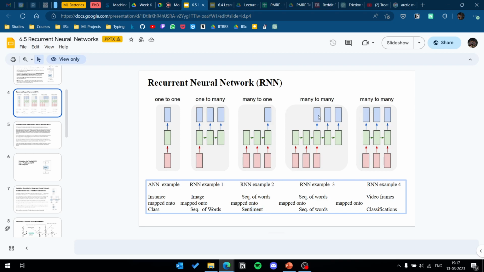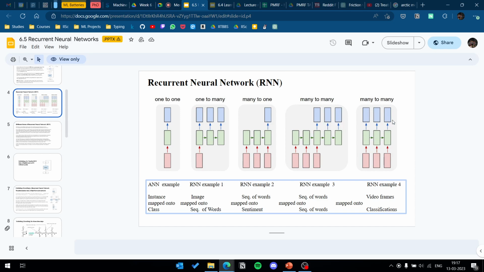So many-to-many. If you have a sentence and you want to translate that sentence, right? So this is used for translation work and all. But also for something like speech recognition, like text to speech or speech to text, right? So it is converting your speech into text, or it is converting your text into speech, right? So this is used for that also.